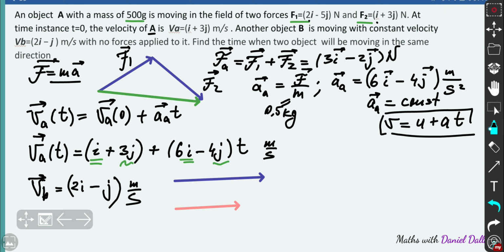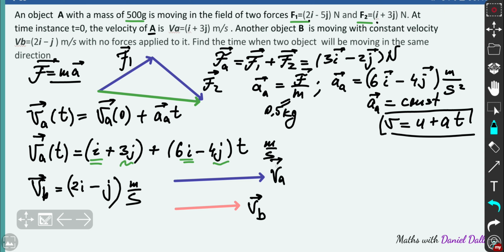The same direction means that at this point of time the velocities are directly the same. So here is VA and here is VB.